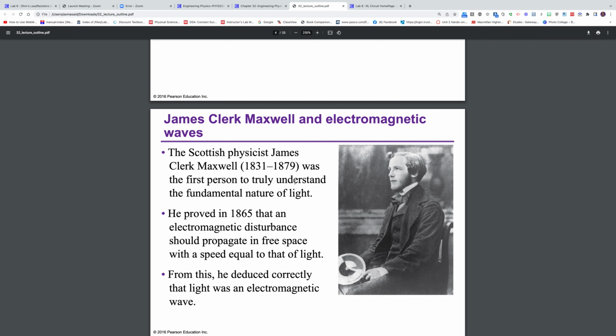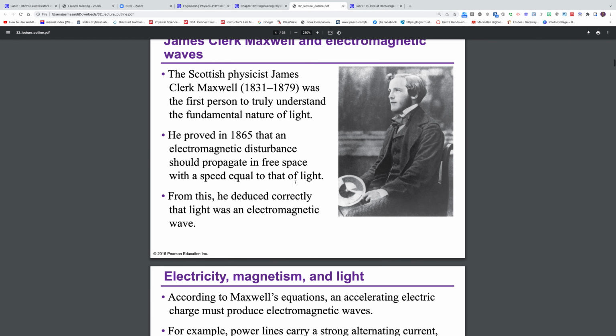He proved in 1865 that an electromagnetic disturbance should propagate in free space with a speed equal to that of light, the one that we call the speed of light. From this he was also able to conclude and deduce that light was an electromagnetic wave.